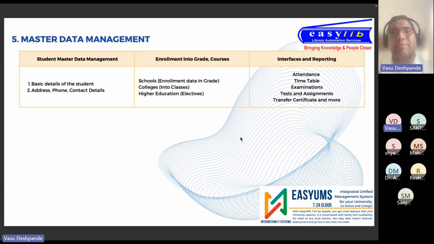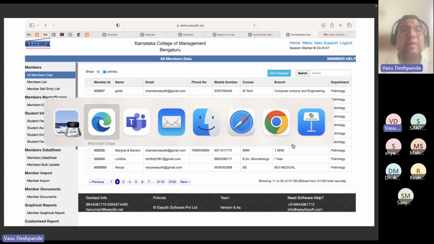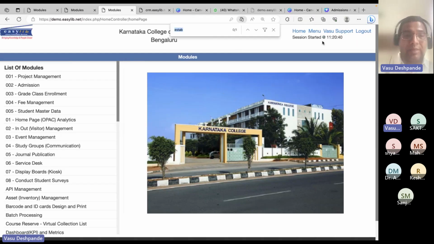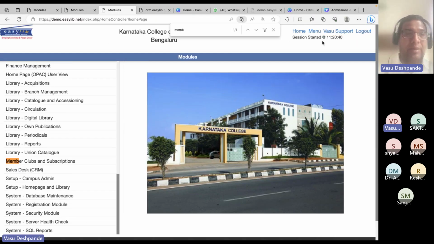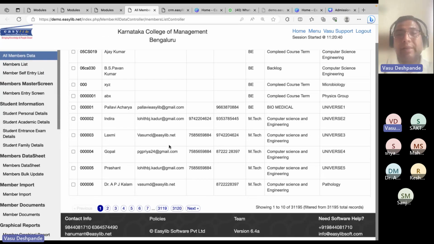Here we will see some of the screens related to that. So master data, right? Here we are seeing the master data of about something like 31,000 real records we have fed over here. This is the real application with the sample data over here, right? So if I see here, student master data, you have got 31,000.